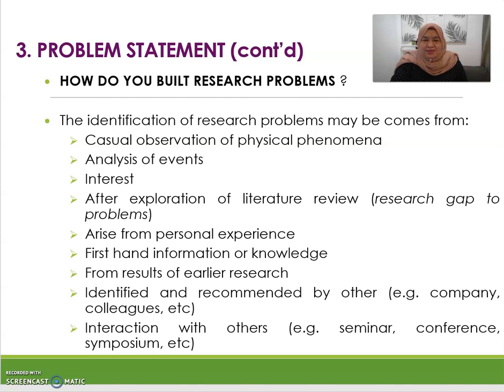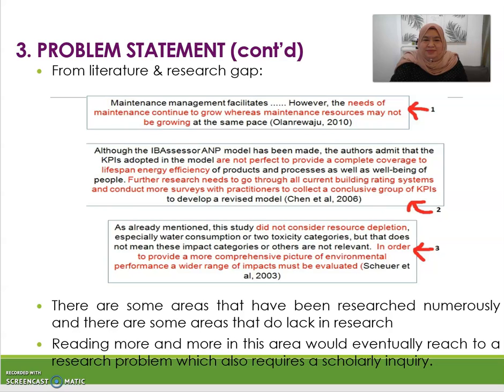This is an example of how a research problem can be identified from the literature and a research gap in the literature. For example, if you look at the first example here, it says maintenance management facilities.